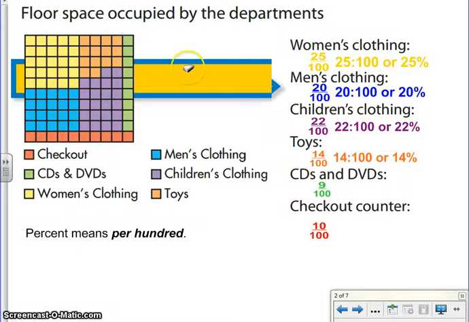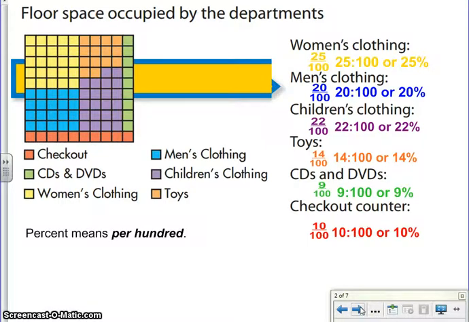Our CDs and DVDs, a row of 9, so that's a pretty easy one, 9 out of 100, 9 to 100, or 9%. And then the checkout corner, that whole bottom row of 10, so 10 out of 100, or 10%.